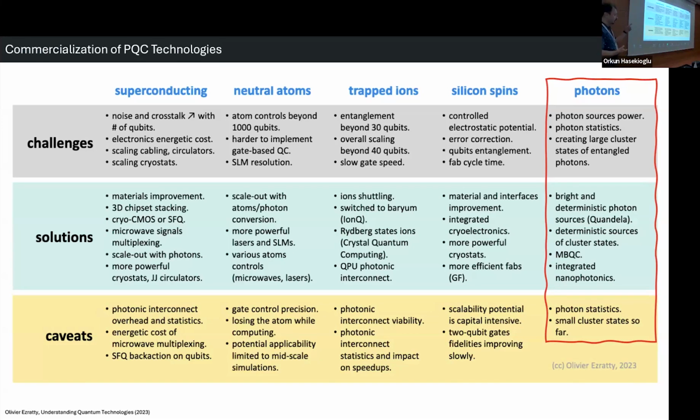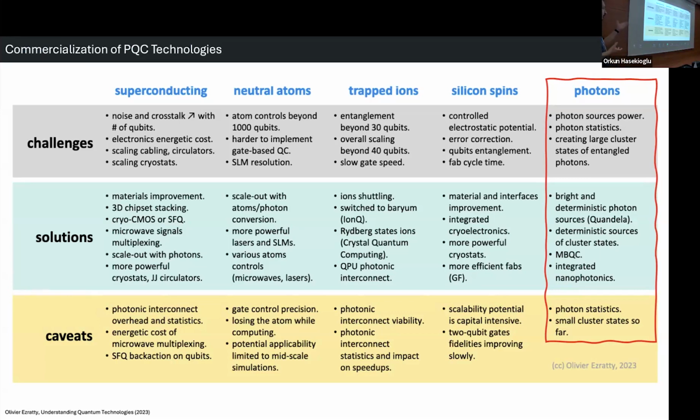We will talk about it later, but for approaches other than the gate-based photonic computer, you need to create entangled states, which are called cluster states. It's a little bit hard for photons because they don't like to interact with each other.